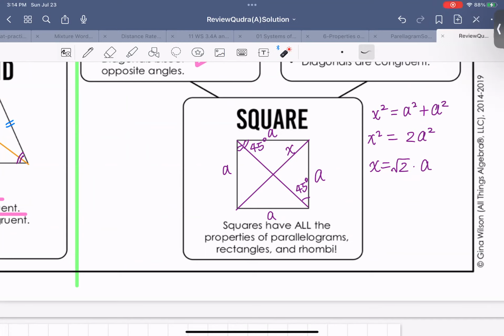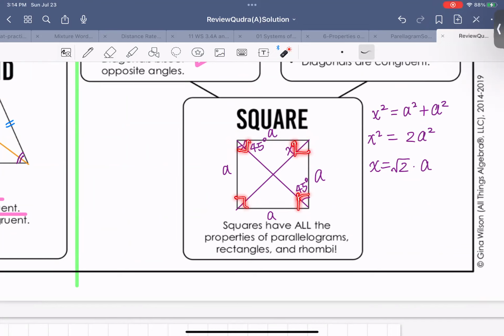Wait, wait, Alex, say it? I want you to tell me what kind of properties a square has. Four congruent sides. And the angles are all the same.